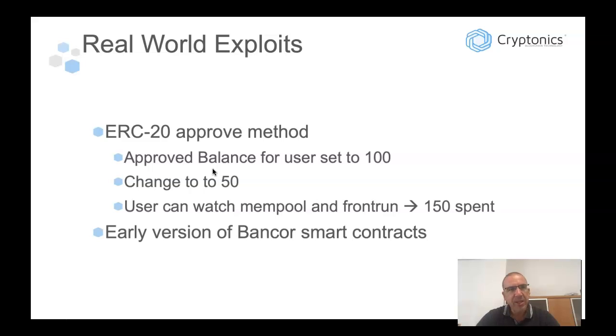But it's interesting because these race condition front-running issues are not that obvious, and even in the definition of the ERC20 standard, they missed this one.